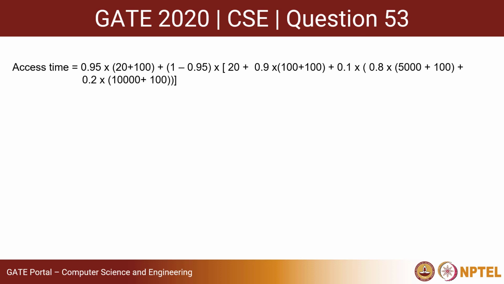That's what we have written. Plus again 100 nanoseconds to search the page in the main memory. After we solve this equation, we get the answer as 154.5 nanoseconds, which is the required answer. Hence, the answer to this question is 154.5 nanoseconds. Thank you.